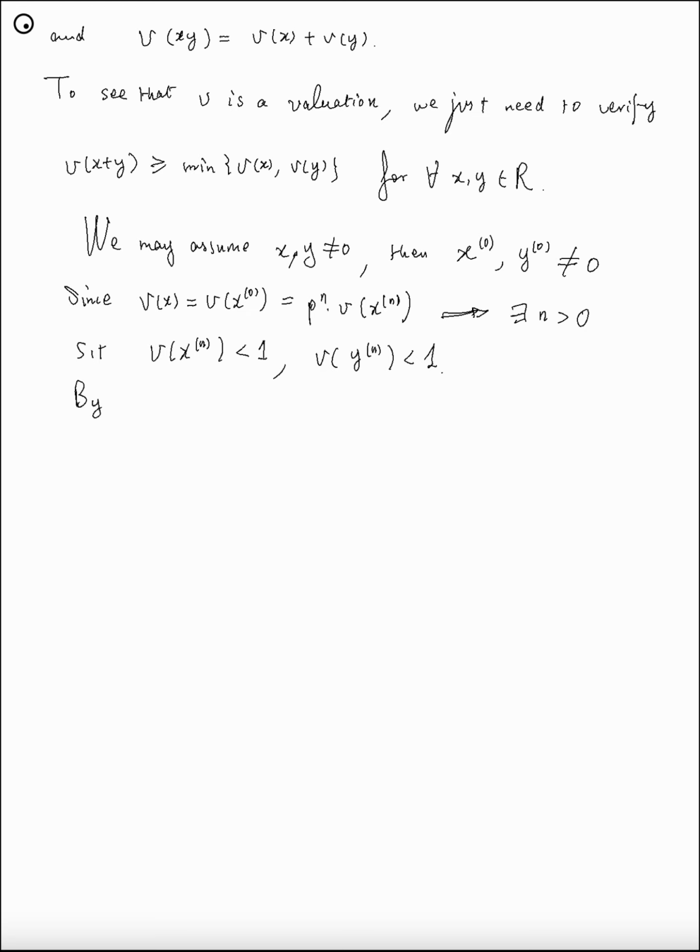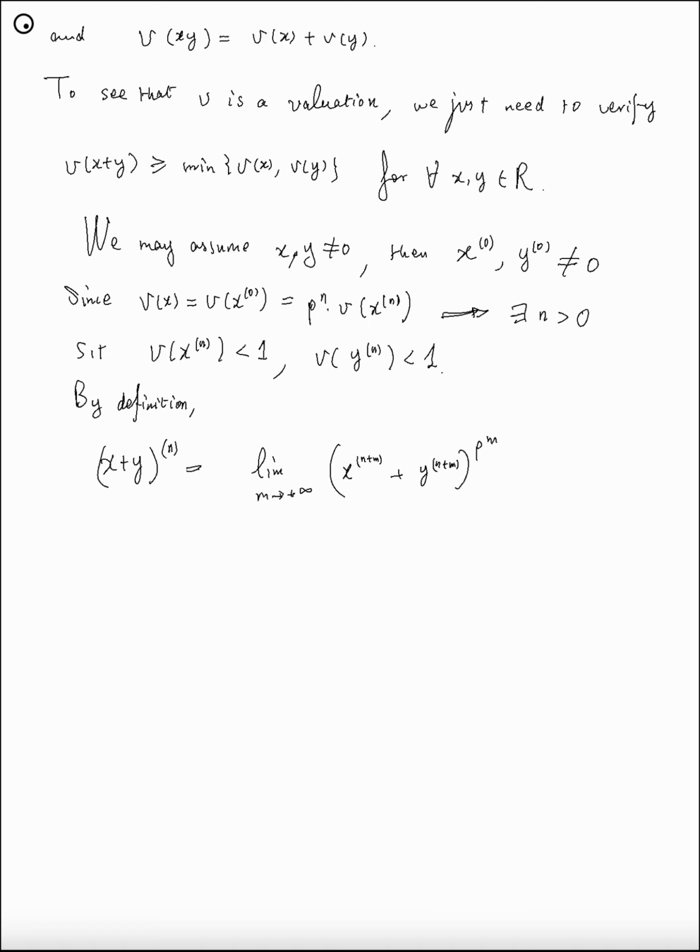By definition, we have the nth component of X plus Y is defined to be, if you recall the definition, the limit as m goes to infinity of X_{n+m} plus Y_{n+m}, together to the power p to the power m.